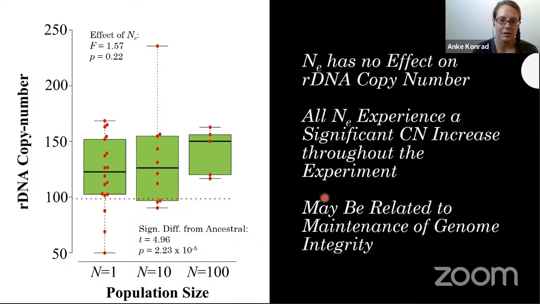And one thing that maybe one day I can follow up on is whether or not this has to do with genome integrity, because there are theories that ribosomal DNA copy number may correlate with keeping the genome integrity up, but it would be nice to test this one day.